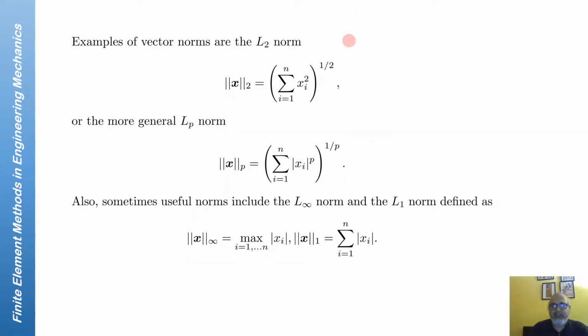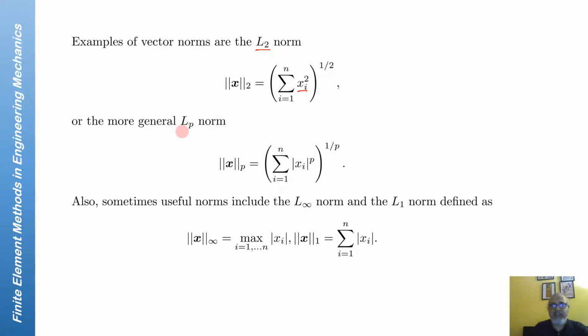Examples are, what we will use mostly is the L2 norm, which is the sum of the components of the vector squared, to the power half. So this is like the distance norm. So these components are say displacement. So you have displacement component squared, summed, and then half.